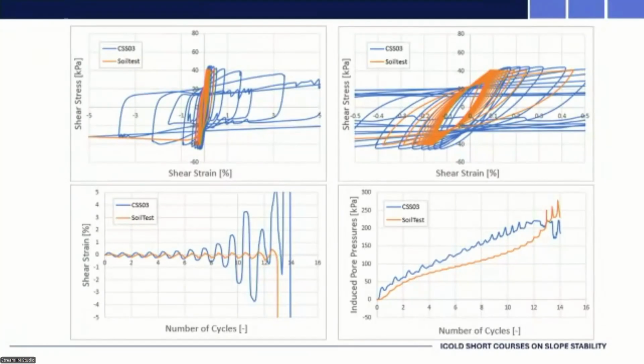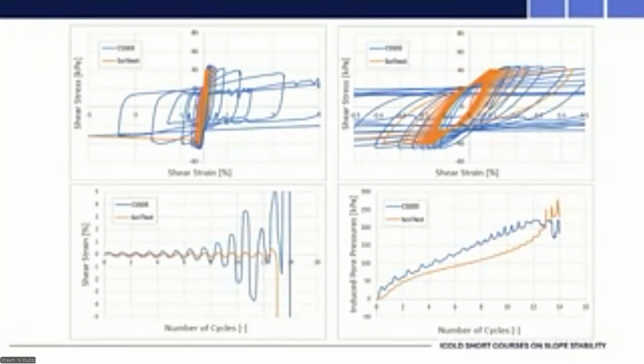It doesn't look well as a match. In fact, it's not that bad. Top right is exactly the same information, but at the left is plus to minus 5%, and on the right is plus to minus 0.5%. It's the same data with a different scale.